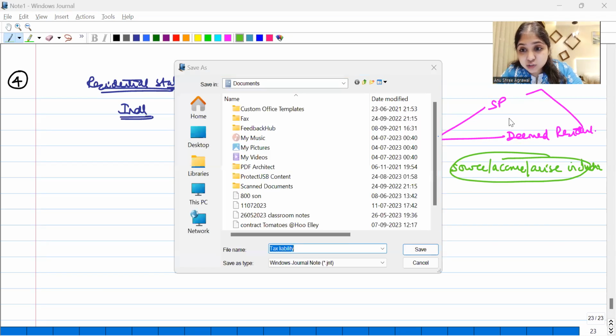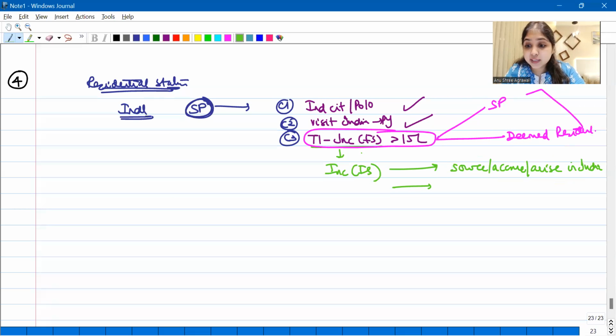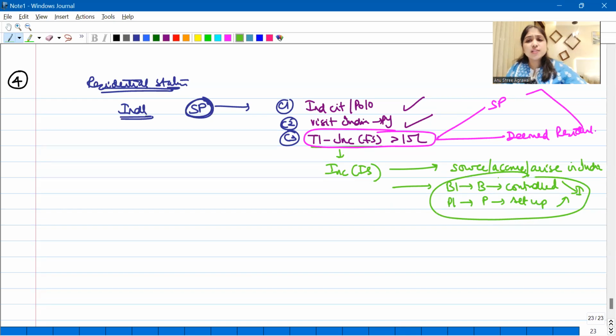But for these two purposes only, income from Indian source will include one more thing, which is what? In case your assessee has any business income from a business which is controlled in India, or any professional income from a profession which is set up in India. Generally, this is not Indian source income.